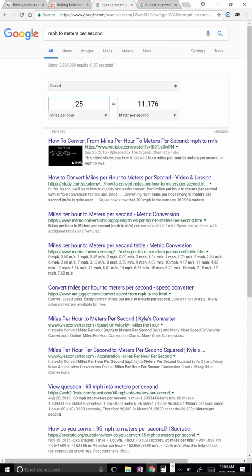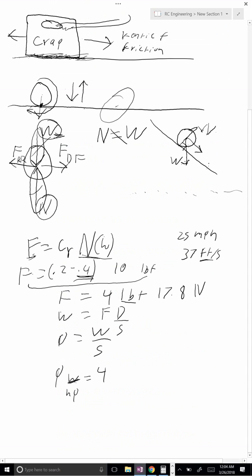25 miles an hour. That's 11.1. Okay. This is meters per second. So basically, we take the 11. So we have 18. And then we're going to multiply by a distance, which is in meters, and then seconds, which is time.